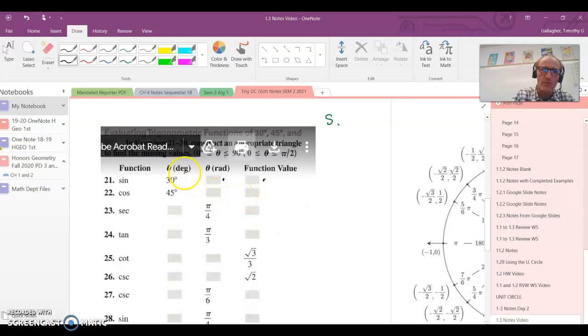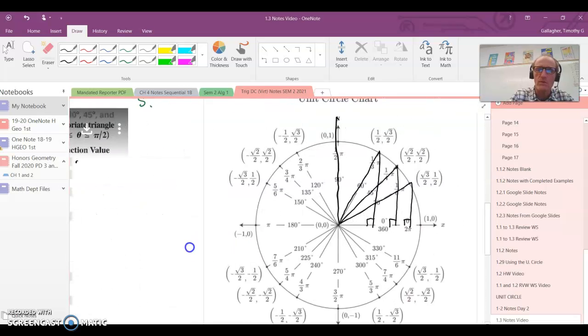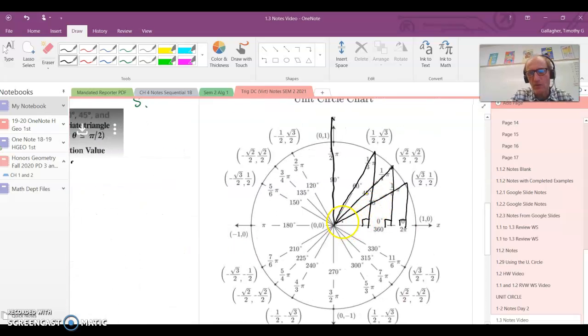Now, for example, the sine of 30 degrees. We can see from the unit circle, here's 30 degrees. The sine of 30 degrees is 1/2, see? And the reason it's 1/2 is because the sine is the y value. Now it's also 1/2 because you see this length here is the square root of 3/2.